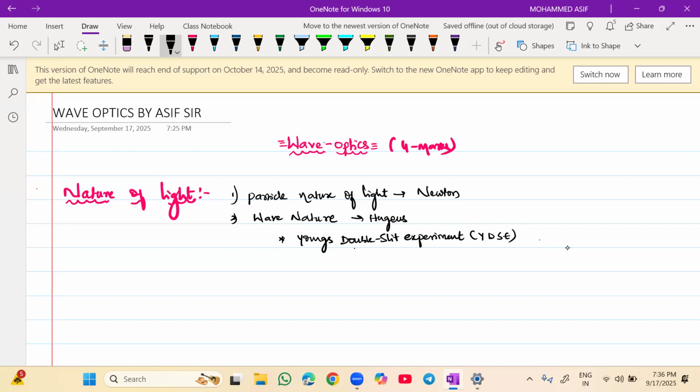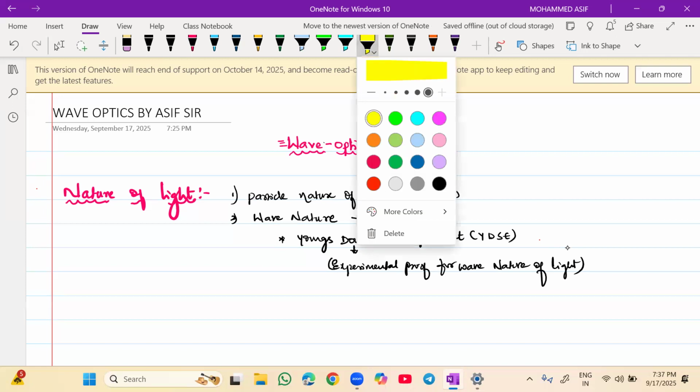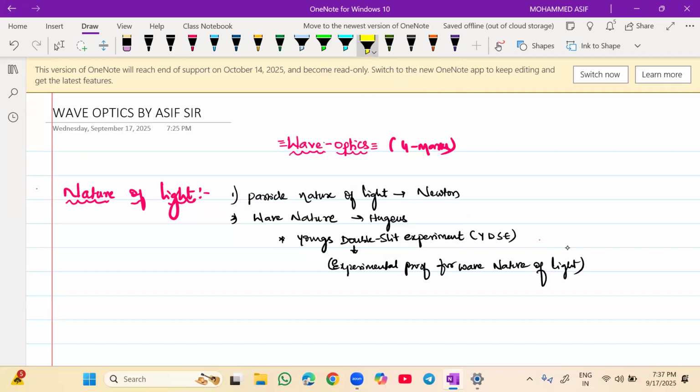So this is your experimental proof for the wave nature of light. The proof of the wave nature of light was given by the scientist Young, and the experiment was Young's double slit experiment. Okay. So this is very important.